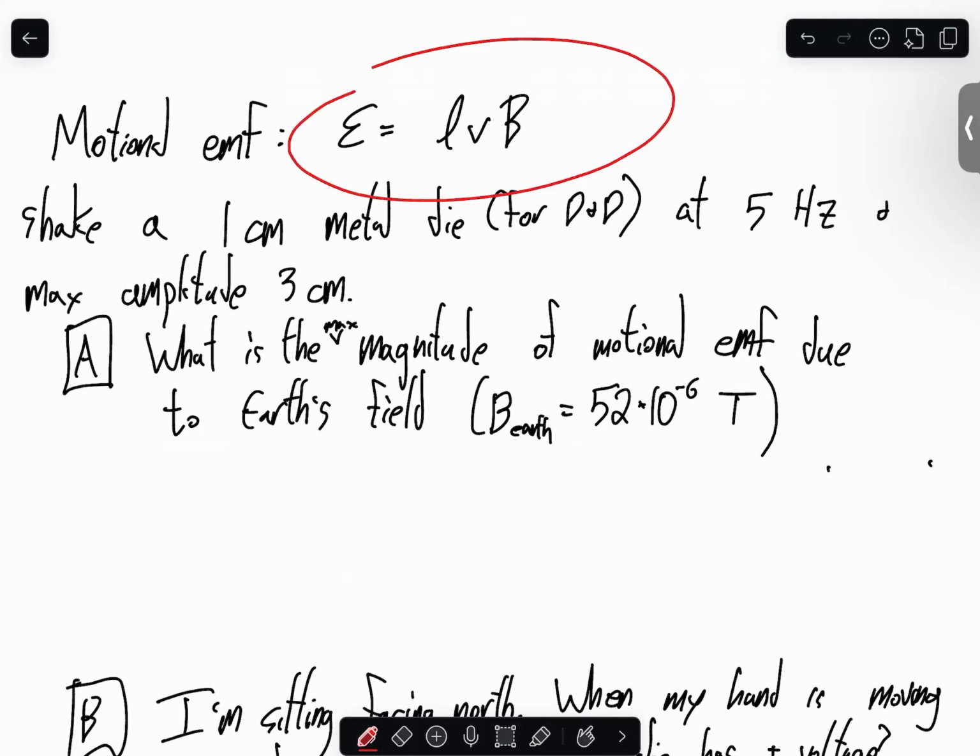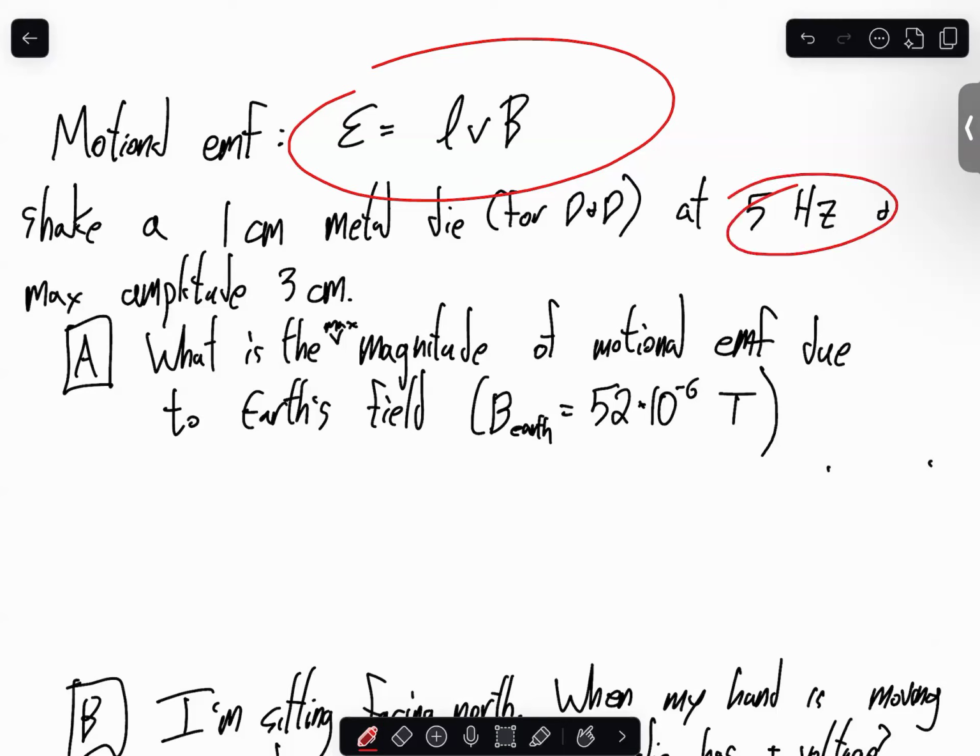L is given, that's the size of the die, a centimeter. B is given, Earth's magnetic field. What's V? Well, let me ask you this. How am I shaking a die? What kind of motion is this? Steady motion, accelerated motion, sinusoidal motion? I would approximate this as a sine wave, probably.